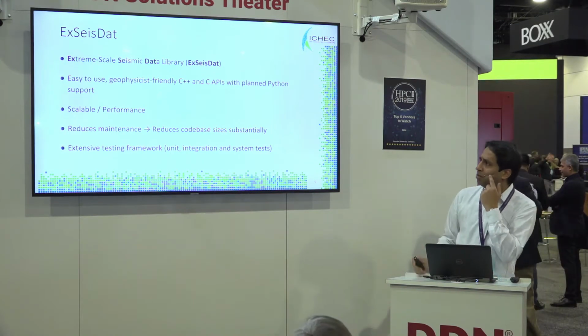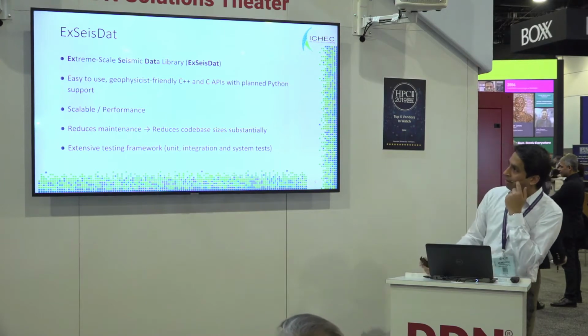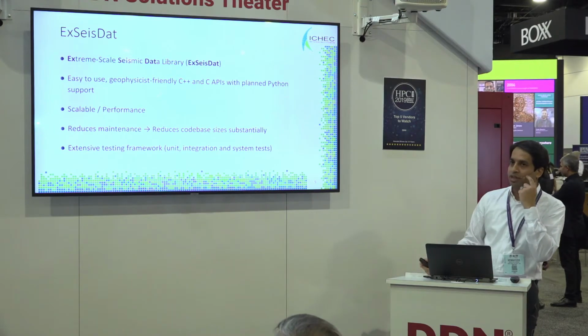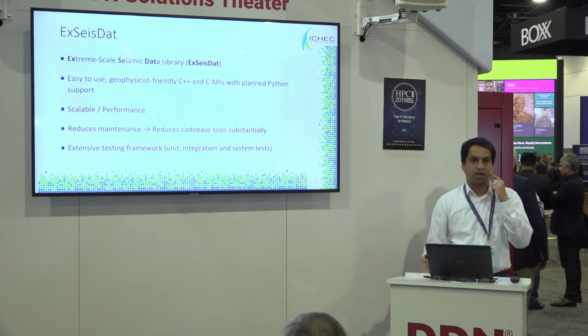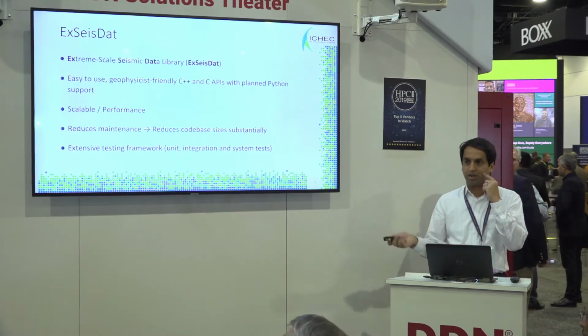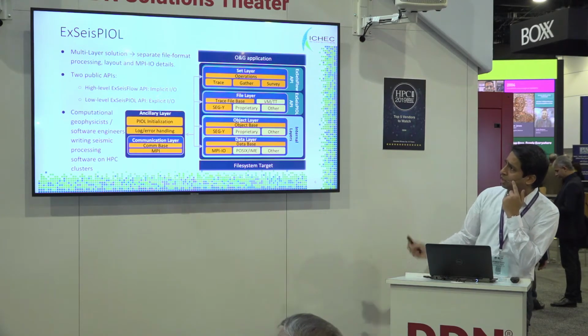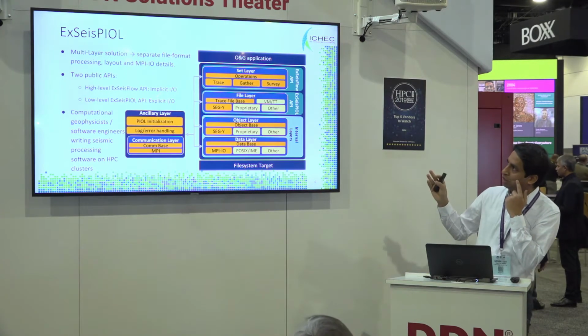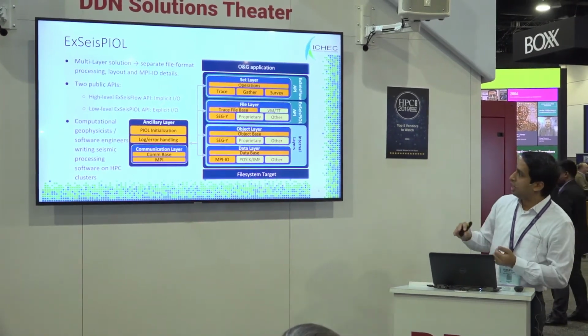It's primarily implemented in C++, but it comes with a Python wrapper by now. And it takes advantage of both I/O hardware and software technologies from the likes of DDN in terms of the IME burst buffer technology. So just a quick overview of how the ExSeis library is organized.